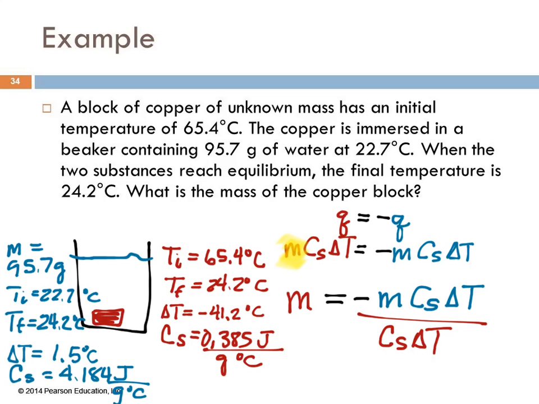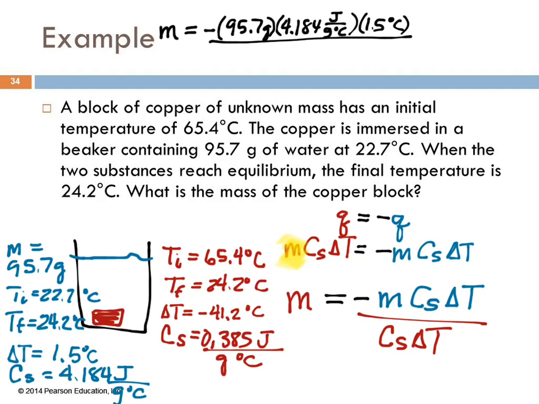Now we can put all these numbers into the equation and solve for the mass. I'm going to do it way up at the top because I made a mess down there. So M equals, we need the mass of the water, 95.7 grams, times the specific heat capacity of the water, joules per gram degrees Celsius, times the change in temperature, which was 1.5 degrees Celsius.